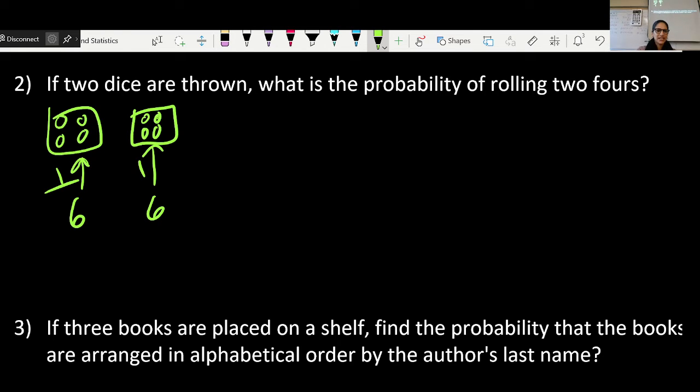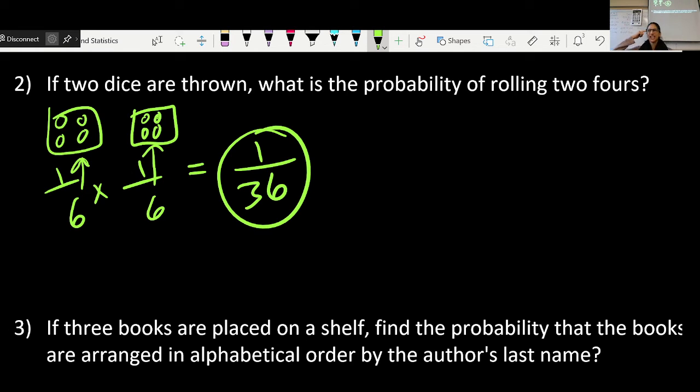So that'd be a 1 out of 6 and a 1 out of 6. So to put this together, if I only want to get 2 4s, I would multiply these together. So what do I actually end up getting? What are the chances that if I took 2 of these and I roll them, that I'm going to get 2 4s? Yeah, it's actually only 1 out of 36.